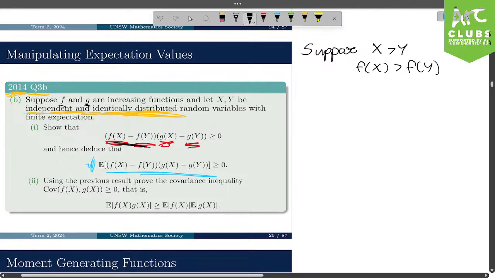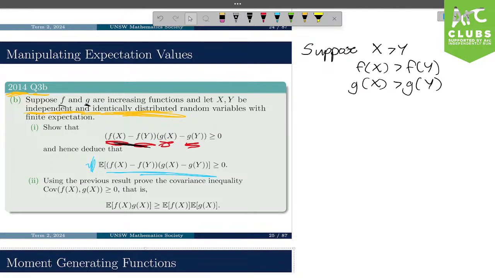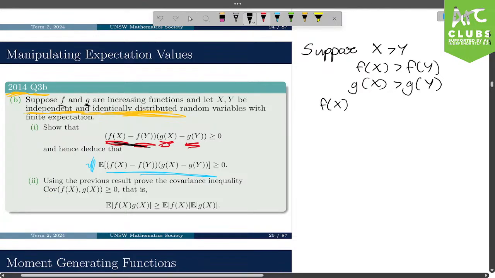I could also apply g, so g of x is greater than g of y. So f of x minus f of y is greater than or equal to 0, and g of x minus g of y is also greater than or equal to 0. And so, of course, the multiplication is greater than or equal to 0.